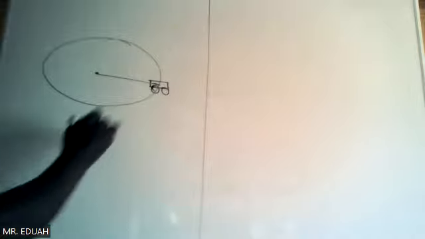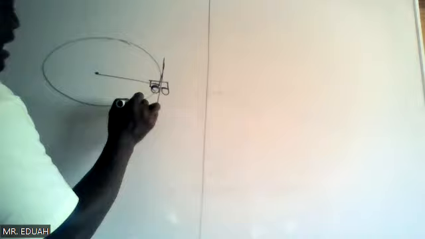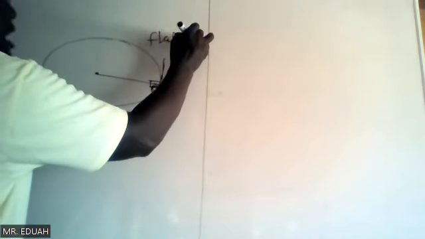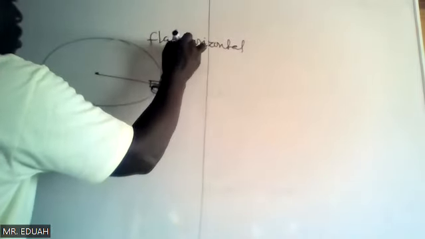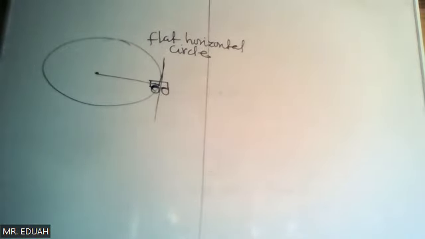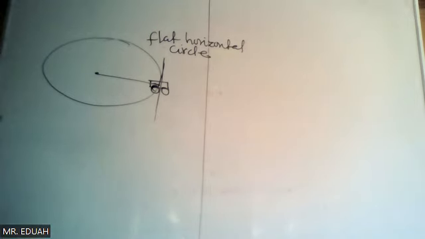The car is able to move, and because this is a flat horizontal circle, when we use the adjective flat, we mean there is no angle to the radius.